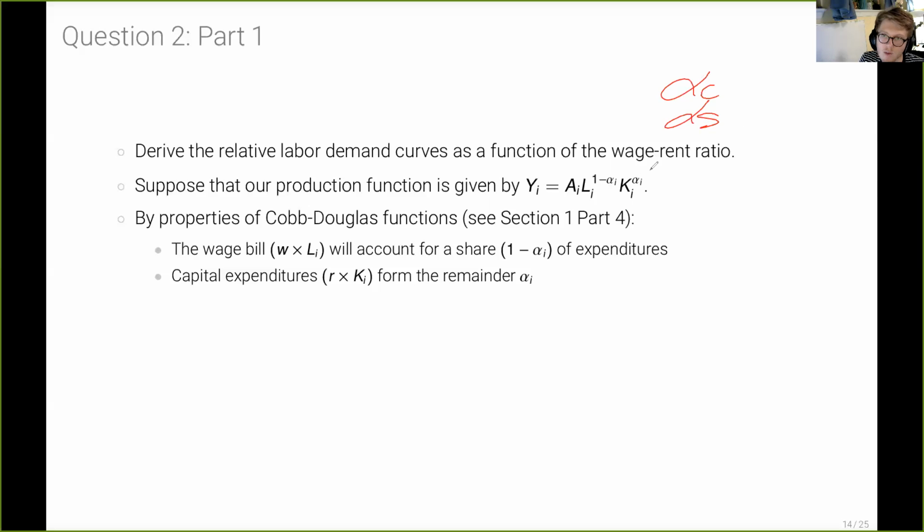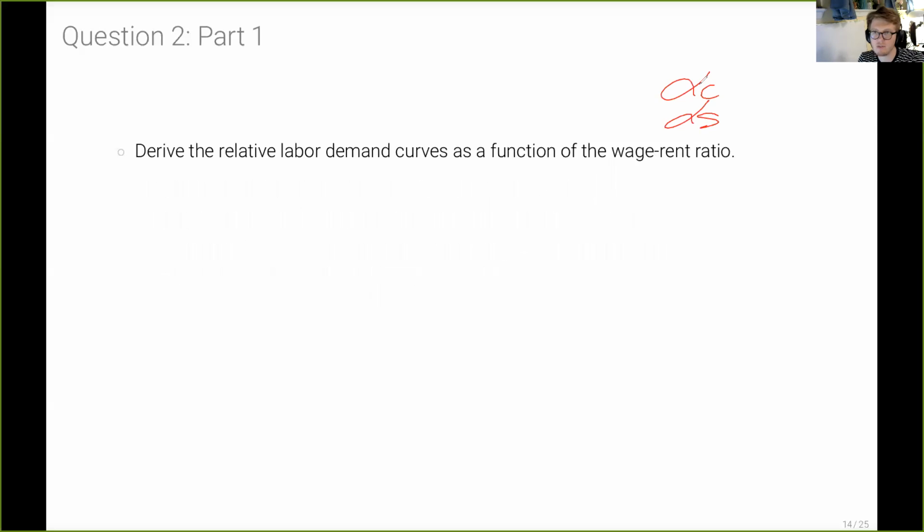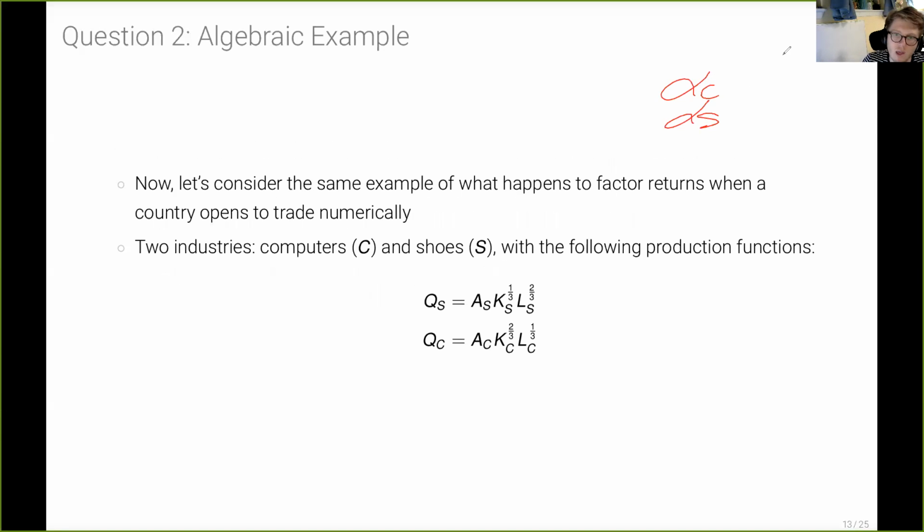All I'm going to need to do is, for each sector, read off what their exponent is on capital, and that will tell me what alpha_C and alpha_S are. So I'm just looking at this exponent on capital, and for the computer industry, that's 2/3. For the shoe industry, that's 1/3. So that's how I can figure out what that alpha is.